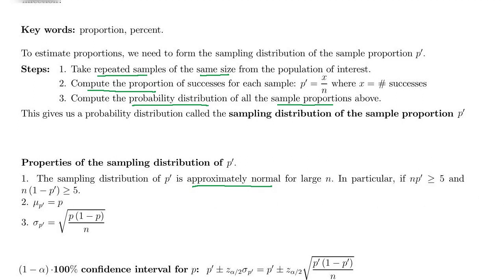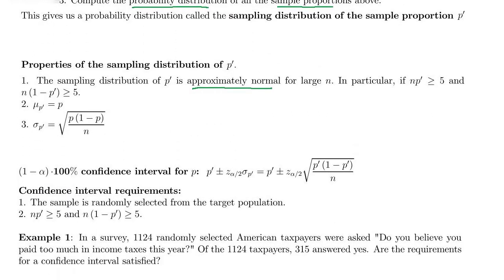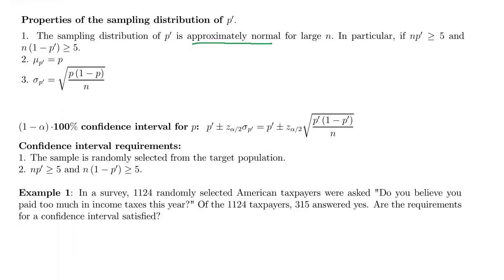With this in mind, the way we compute our confidence interval for the proportion is like this. This is a 1 minus alpha times 100% confidence interval for the proportion P. You take your point estimate plus or minus a z-value times the standard deviation. That's what we did before.